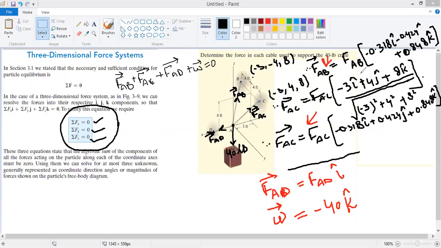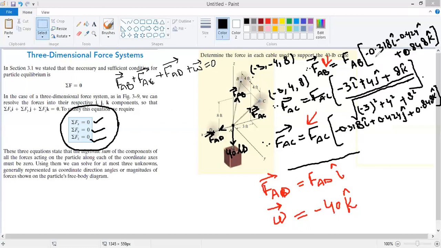Now look at this: substitute the value of FAB, the value of FAC, and the value of FAD in this equation. We have to add up this FAB, this FAC, this FAD, and this W. Now let's add up their i components.